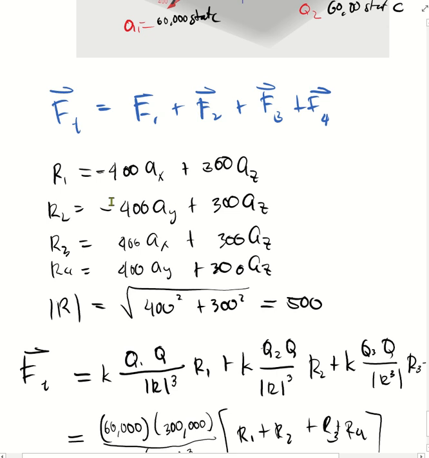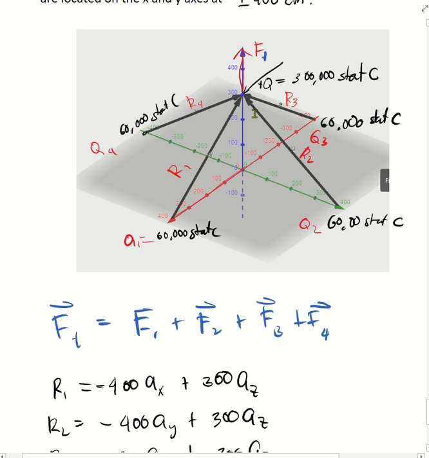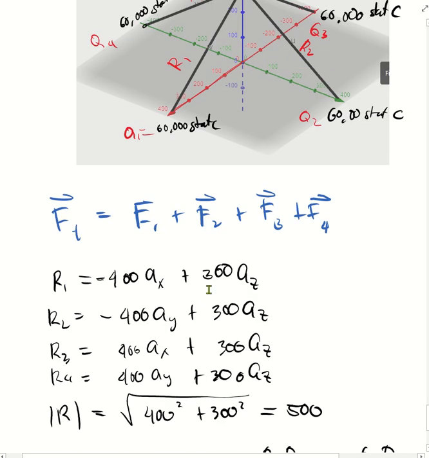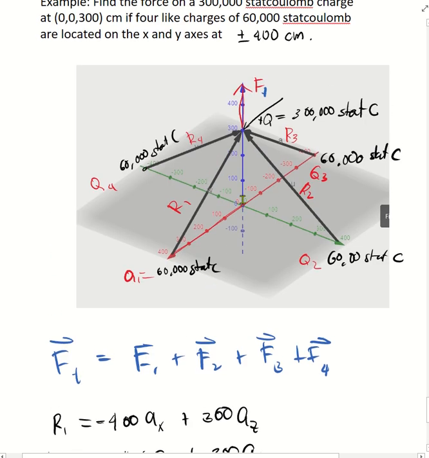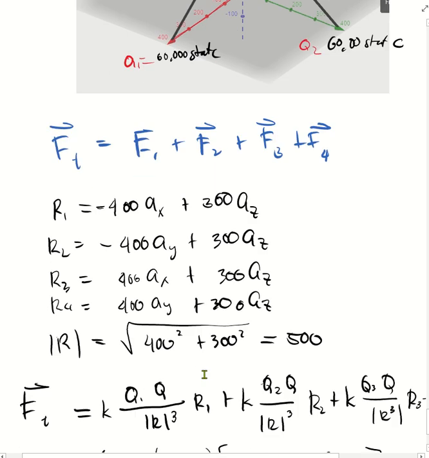Then negative 400 AY plus 400 AY, AY will also cancel out. So AX and AY components all cancel out. It's obvious because what we predict is it's just the Z component, so it's correct that our prediction is in that direction. So we just add all the Z components, 300 times 4, which is equal to 1,200 AZ.